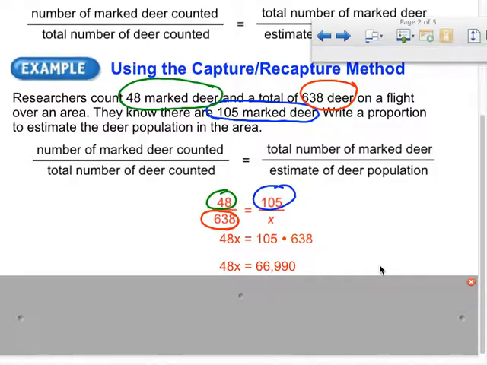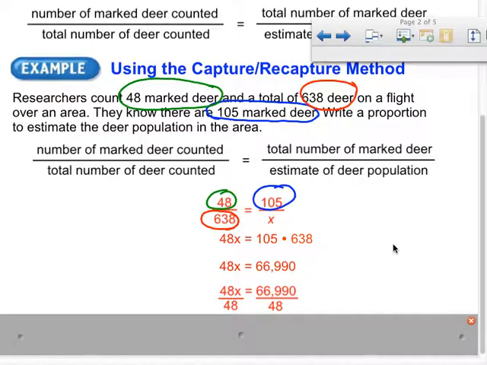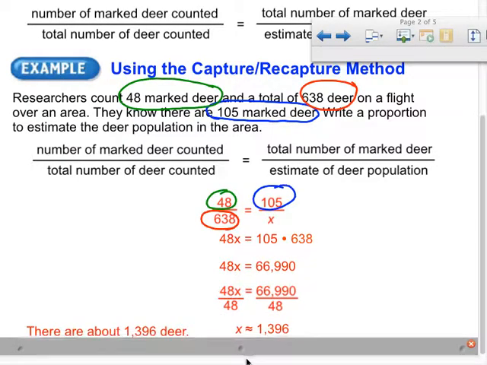Okay, how am I going to solve this? Divide both sides by 48. That's what I do here. And you're going to round to the nearest whole deer. We don't count half of a deer. What do we get for the nearest whole deer? That's what you guys got?